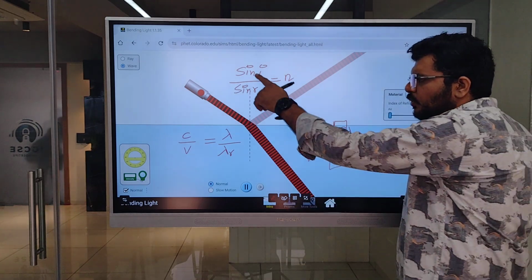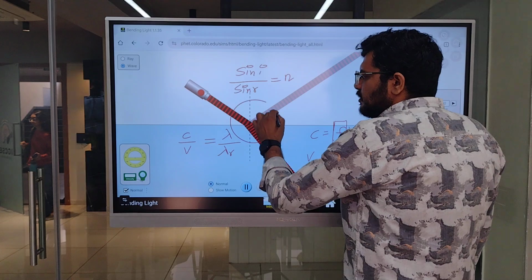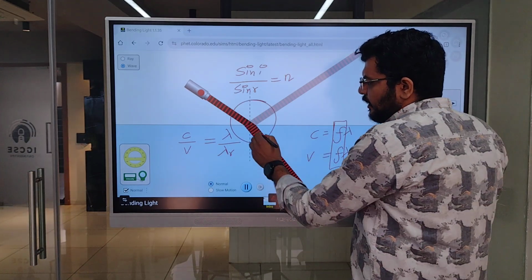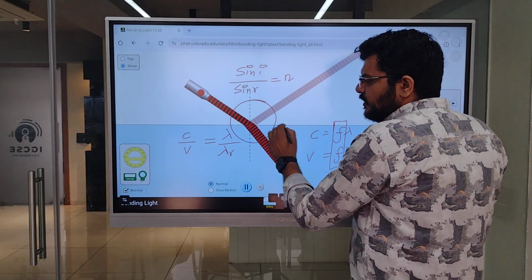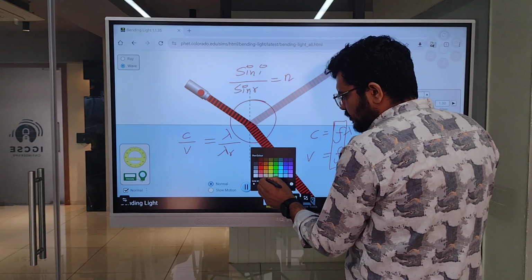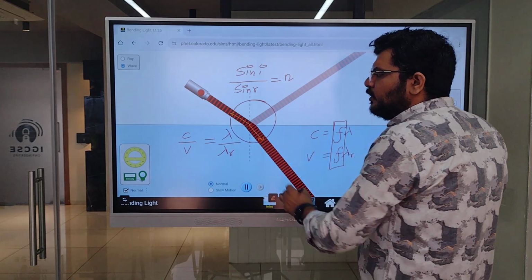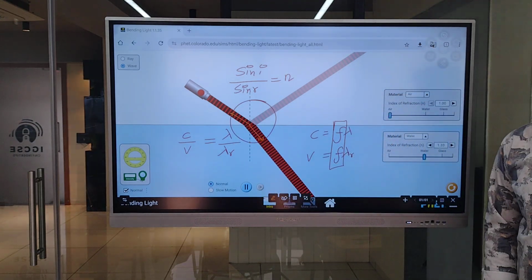Now what is this sin I upon sin R, right? If you draw a circle over here, and this is the center of the circle, I should change the color, just a second. Can I say this and this are going to be the radius of the circle?